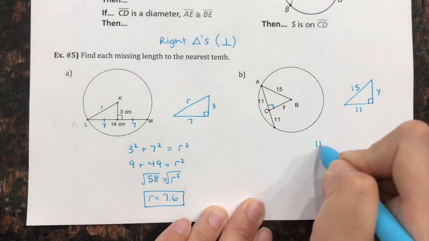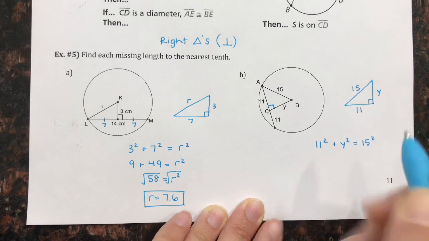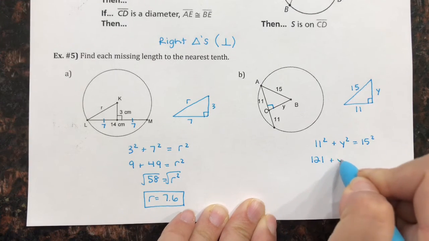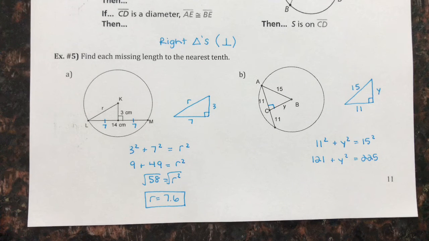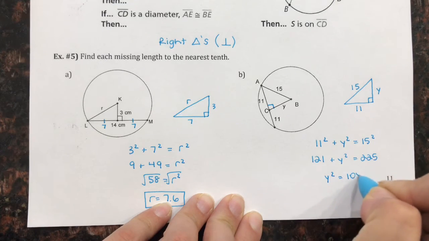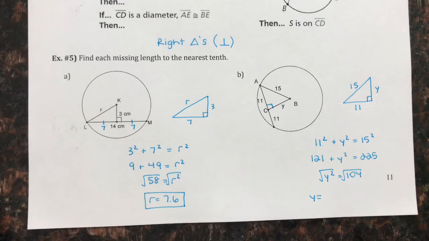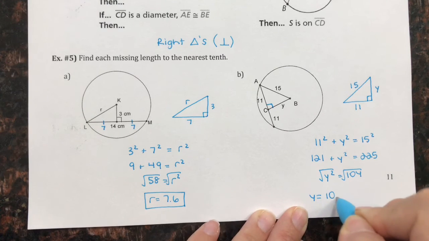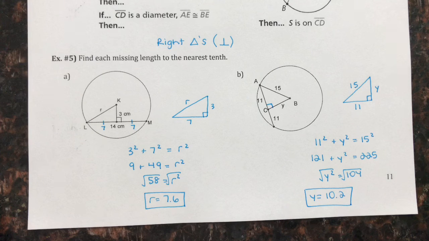And we can use Pythagorean theorem. Do some subtraction. Take a square root. And we have 10.2. Okay, so with those right triangles, a lot of times you will see Pythagorean theorem.